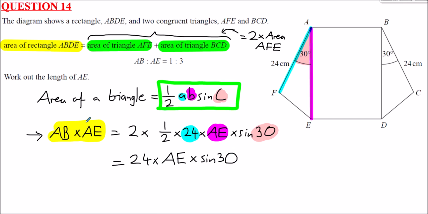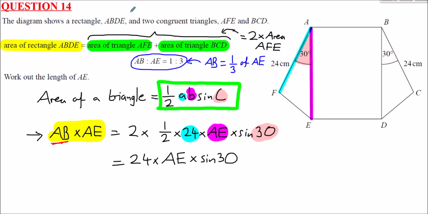But over here, we can use information in this ratio to work out what AB is in terms of AE. And so we're not really interested in AB. We just want to work out what AE is. So from this, the ratio of AB to AE is 1:3. That means that AE is 3 times bigger than AB. And another way of thinking about that is that AB is only 1/3 of AE.